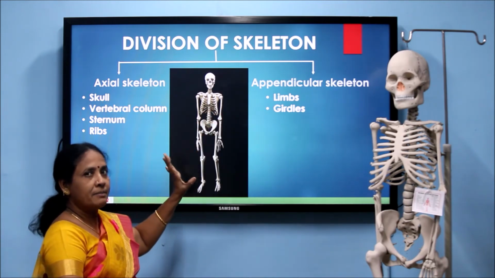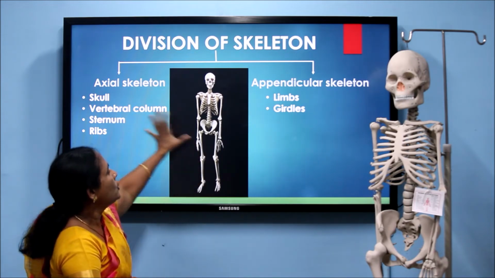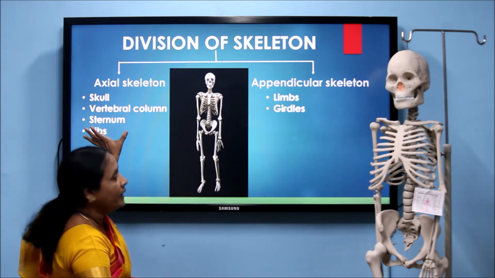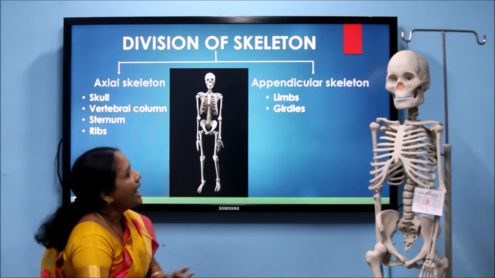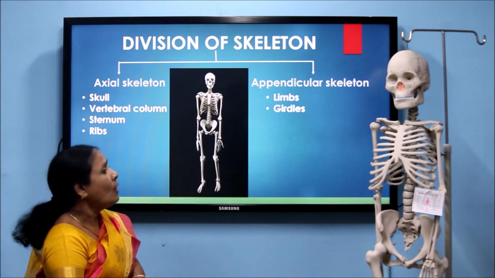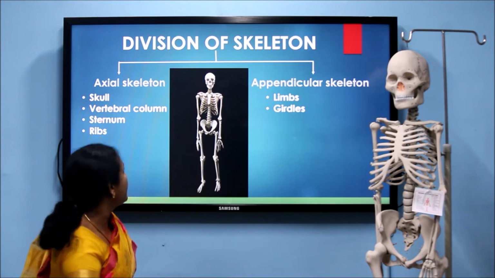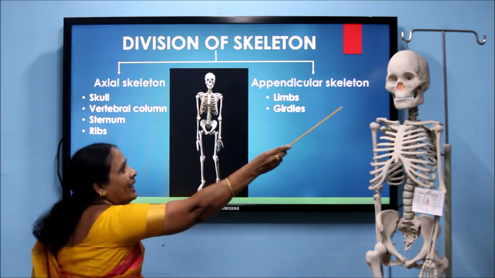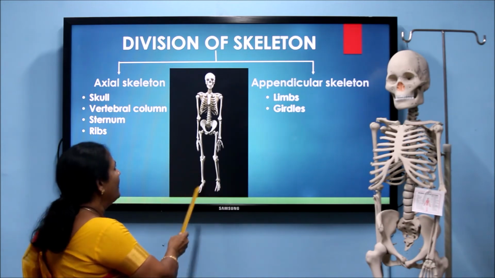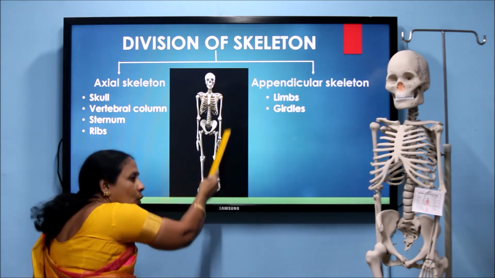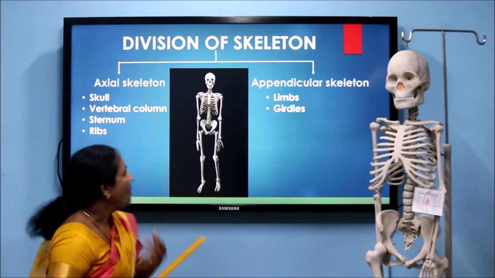So the skeletal system is divided into two categories according to their parts: the axial skeleton and the appendicular skeleton. Then what comes under the axial skeleton? The skull, which you can see. Next is the vertebral column, located on the dorsal side of our body.